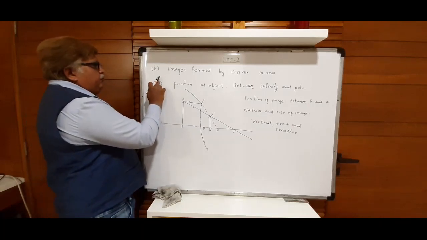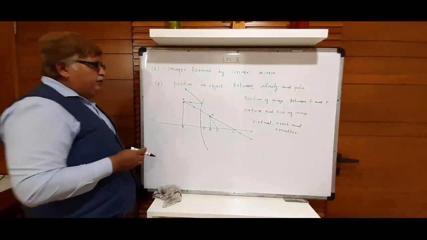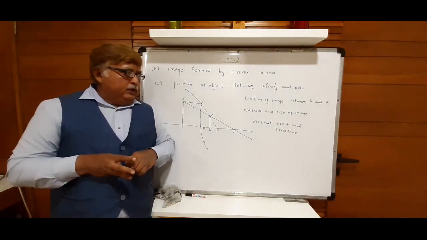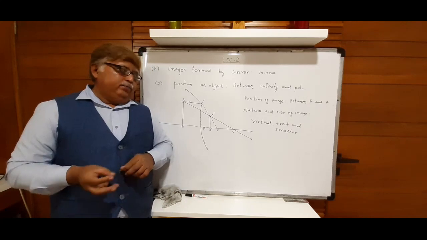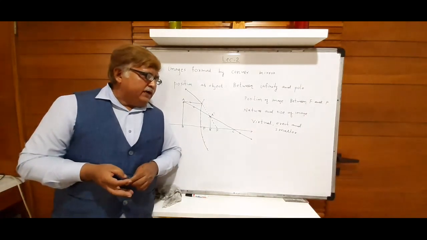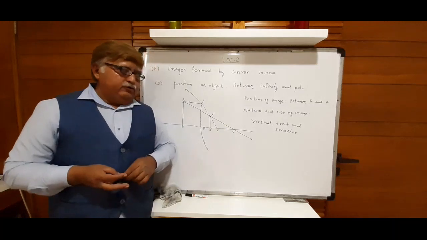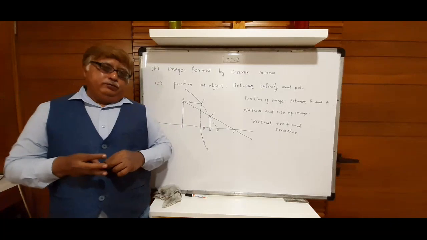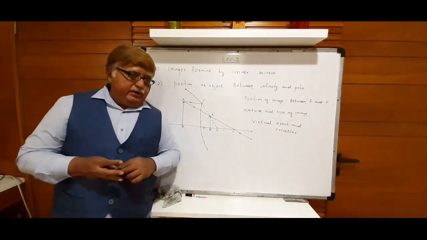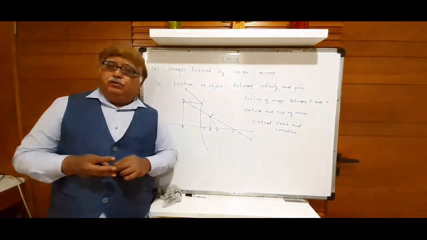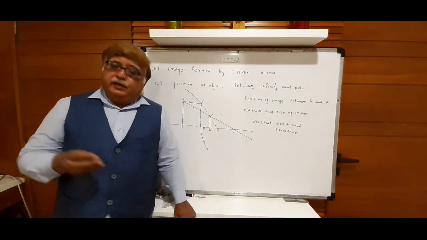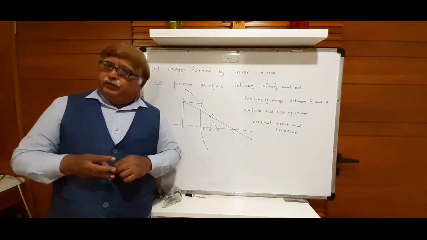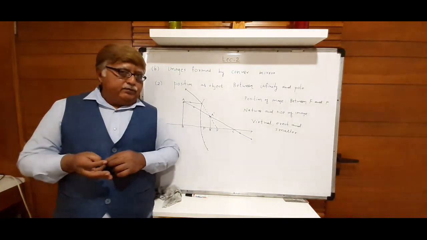So by convex mirror, as we can see, we are able to visualize only two types of image. One was virtual, erect and point-like, meaning highly diminished, and the second one virtual, erect and smaller. This is quite useful in practical application of convex mirror, as you all know, where convex mirrors are generally utilized in the rear view mirror of vehicles, that is two-wheeler, four-wheeler, wherever.